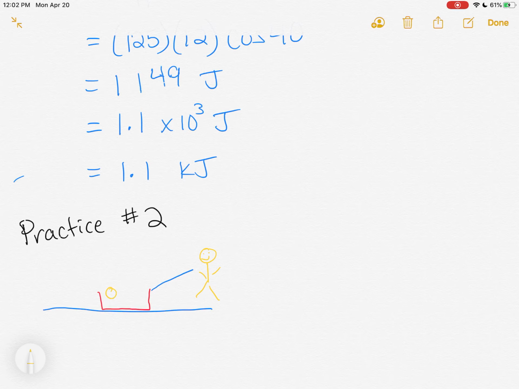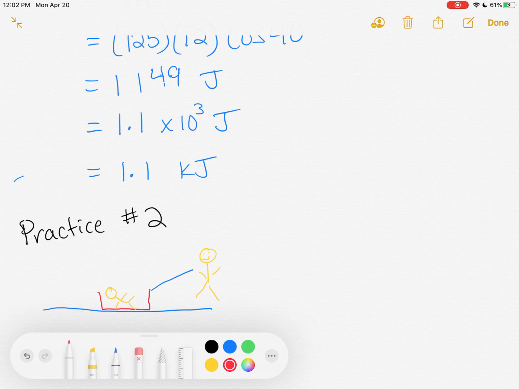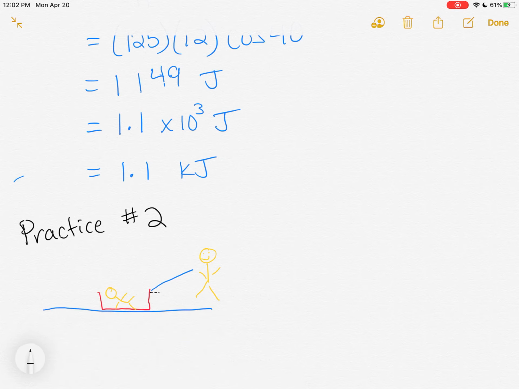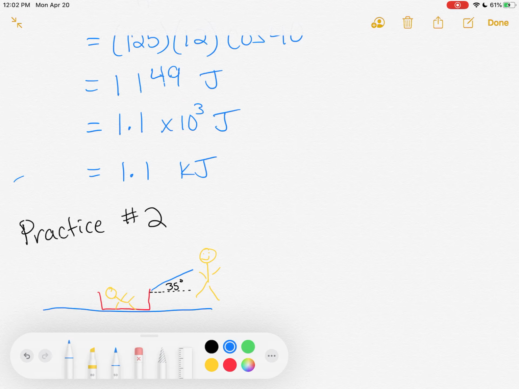So we've got our father pulling the rope, and we've got the child sitting in the toboggan, and it's saying that the rope is angled 35 degrees above horizontal. So if we draw that in here, that's the angle of my rope.